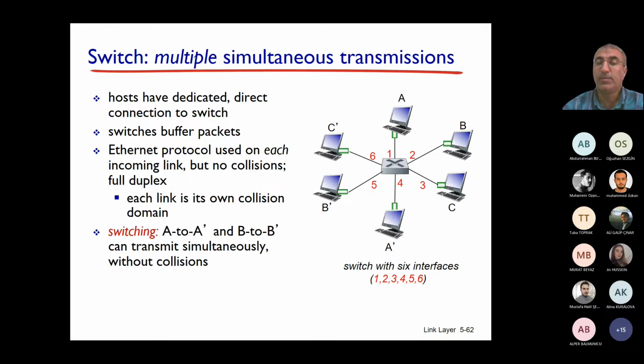That's why it can provide a switching mechanism simultaneously without collisions. For instance, A can talk to A prime, and at the same time B can talk to B prime, and there will not be any collision.